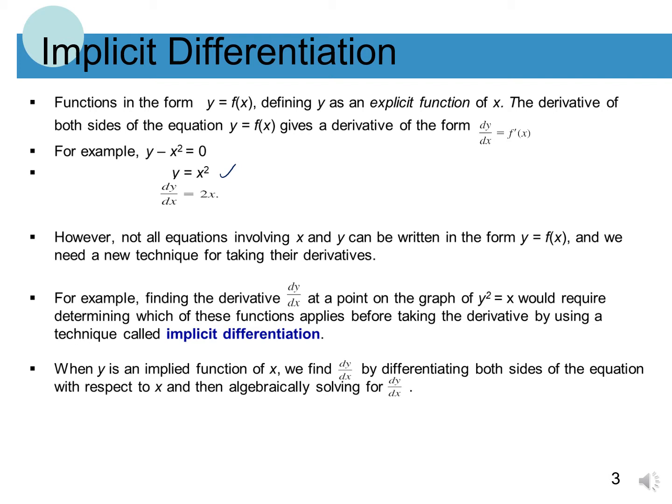Therefore, in this case, we can use implicit differentiation as a solution. When y is an implicit function of x, we find dy over dx by differentiating both sides of the equation with respect to x and then algebraically solving for dy over dx.